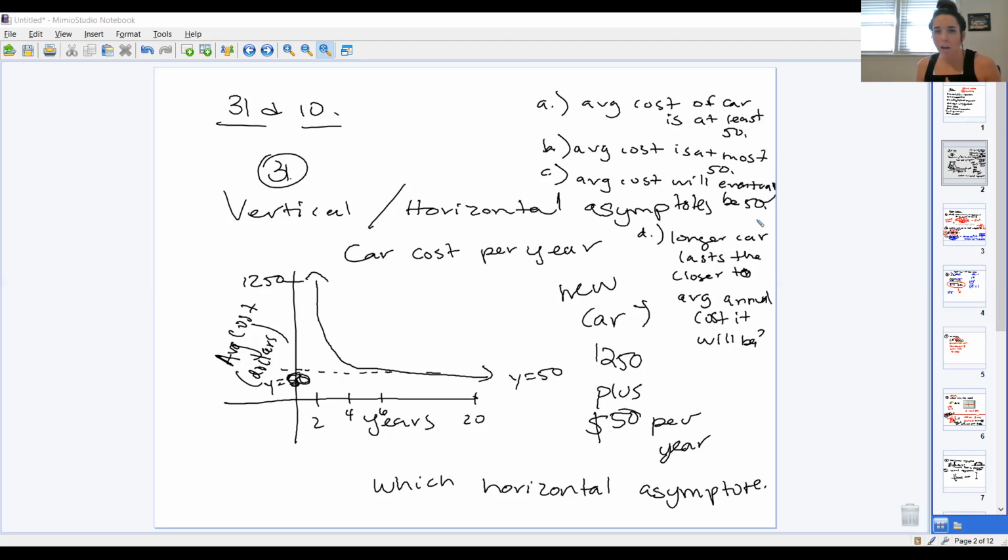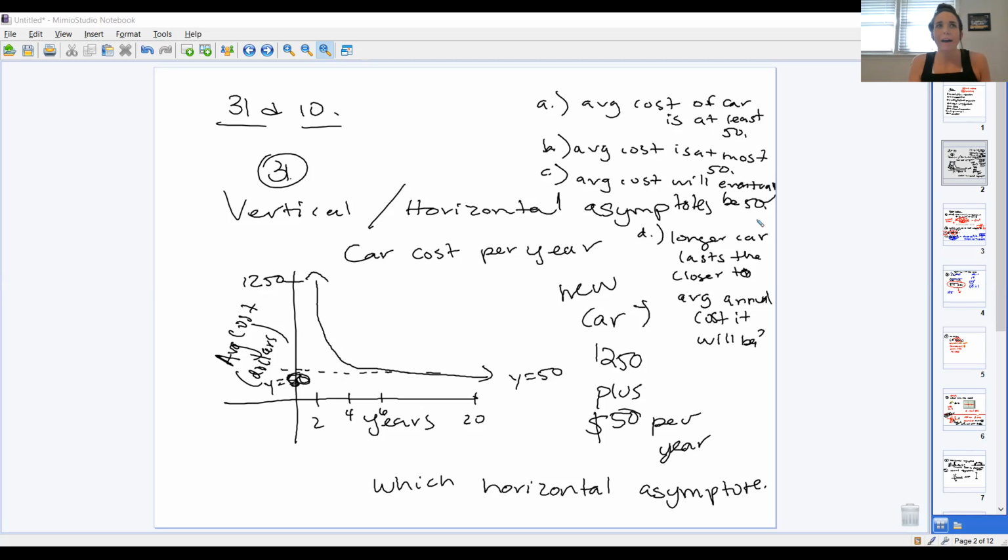What about D? The longer the car lasts, the closer to the average annual cost it will be. Well, as you have a car longer and longer, it's a little bit cheaper and it's going to get closer to 50 because you're not having to pay for all the new stuff.